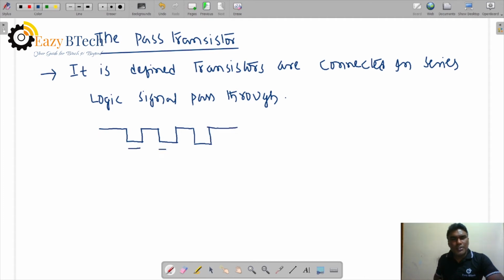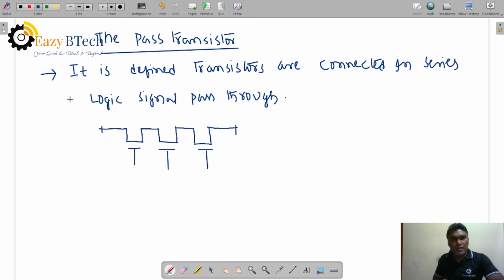You see, it is like a switch on and off by applying a gate voltage. Relay switch. It is like a relay switch where we can on and off by opening and closing the switch. Then the signal, electric signal passing through this.